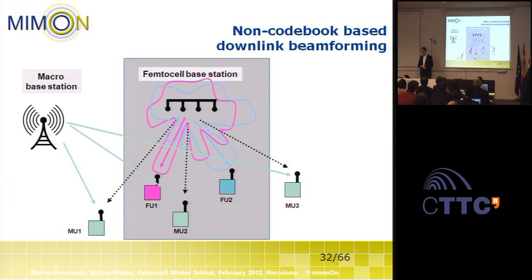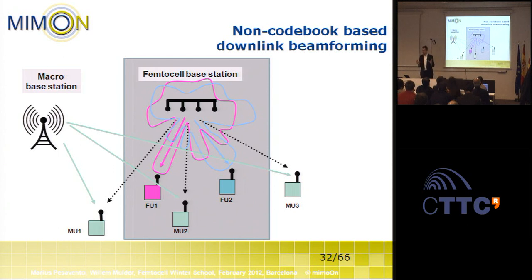So this shows how channel state information can be signaled back to the base station. However, in terms of spatial processing, these schemes are very limited, because the spatial processing, basically the precoding, is based on codebooks.